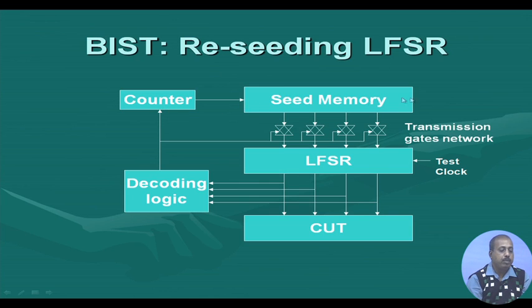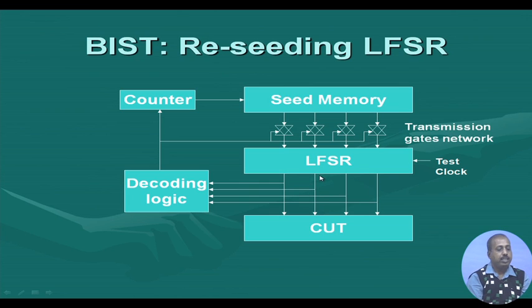From the seed memory, the next seed value will now be loaded. Now, this decoding logic will enable this transmission gate, and the value will be loaded into the LFSR, and then again the LFSR starts with the new pattern, and it continues in a similar fashion. So, it goes on generating the patterns.